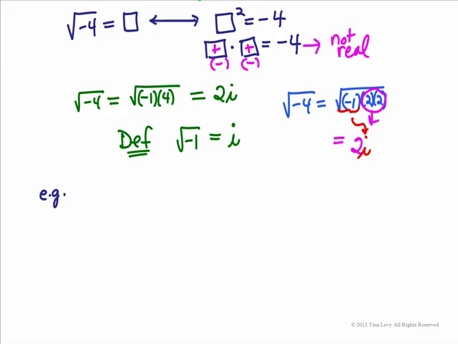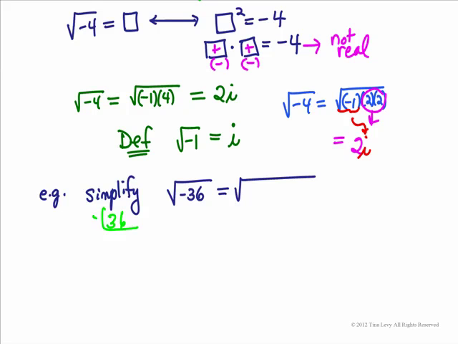So for example, if I said simplify square root of negative 36, I can simplify the same way we did square roots. I would get the prime factors of 36. 2 goes into that 18, 2 goes into that 9, then 3 goes into that 3, 3 goes into that 1.